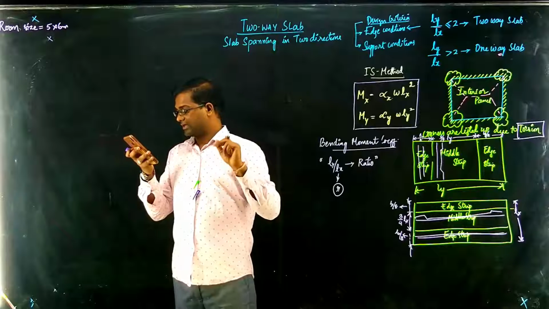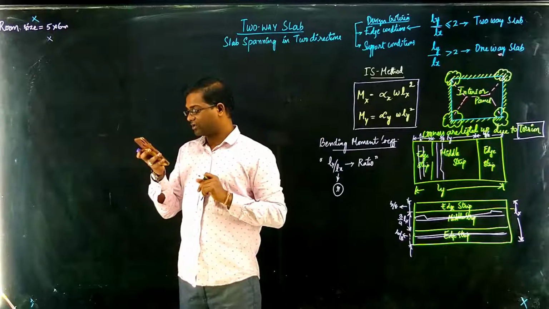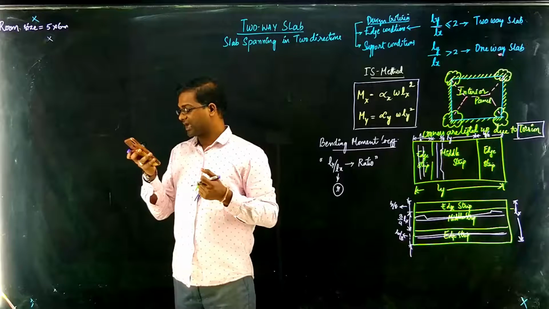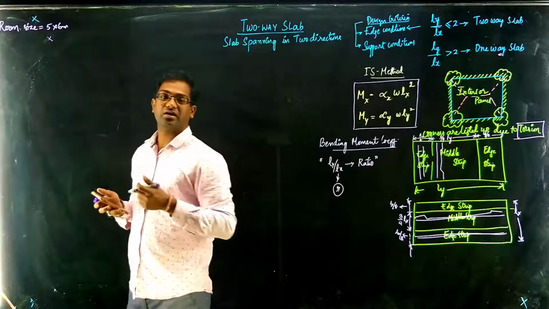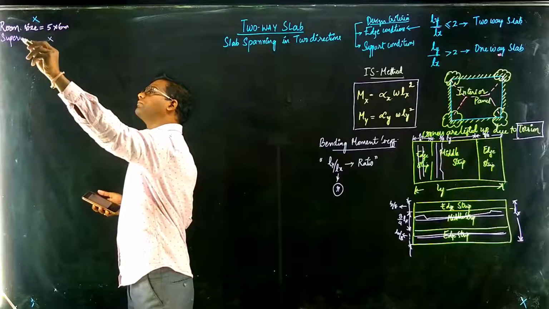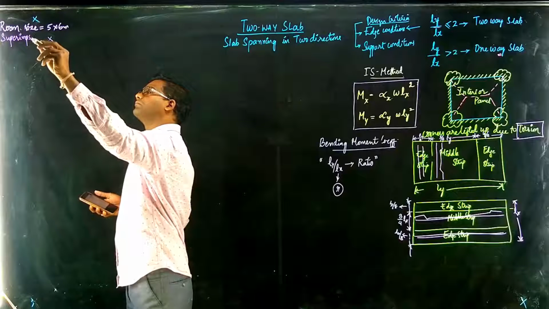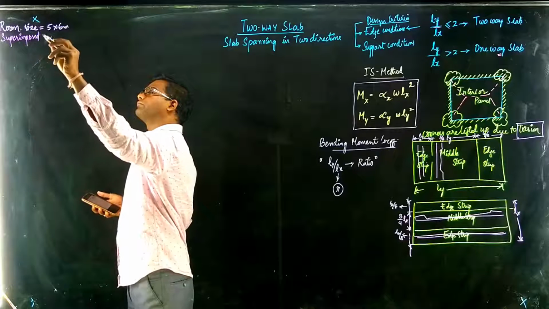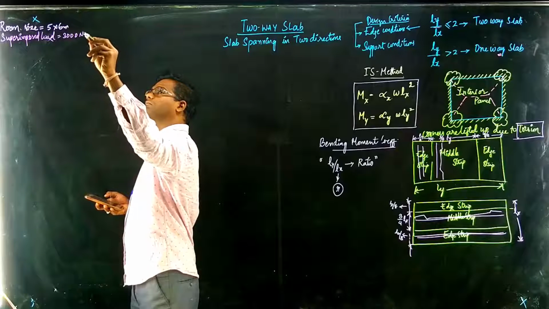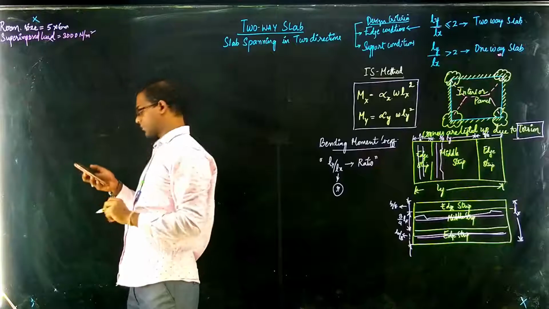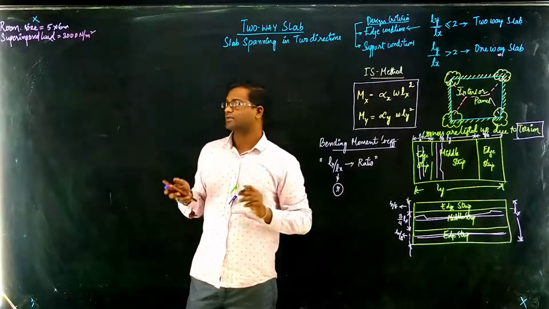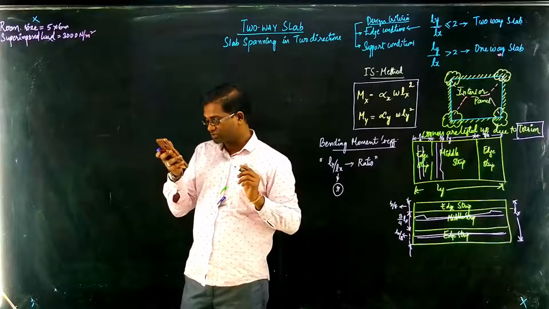So the slab is simply supported on 4 edges with corners held down, and carries a superimposed load of 3,000 Newton per meter square, inclusive of floor finishes, so this includes floor finishes also.